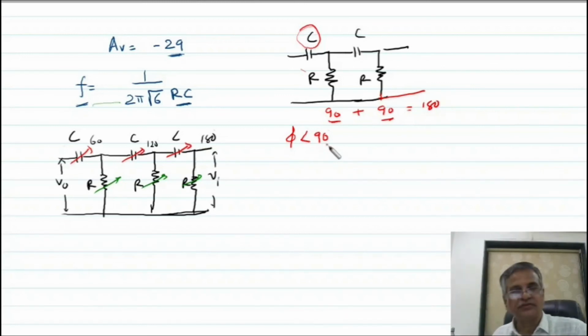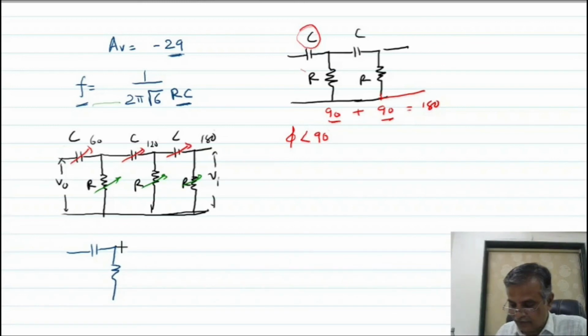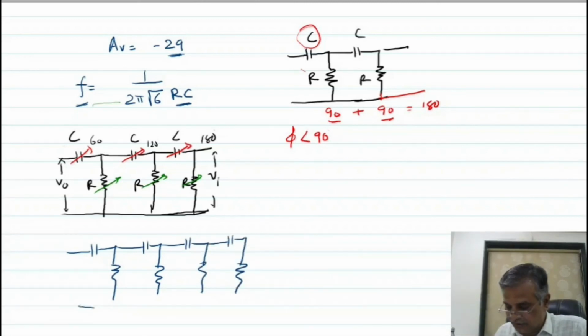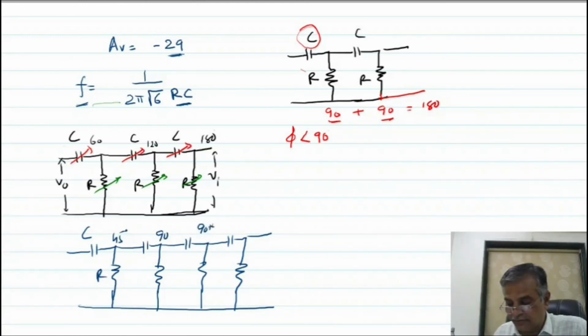Now, suppose somebody asks, can you use a 4 RC network instead of this? 1, 2, 3 and 4. Yes, you can use a 4 RC network, but you have to select the values of R and C in such a way that each RC produces 45 degree.